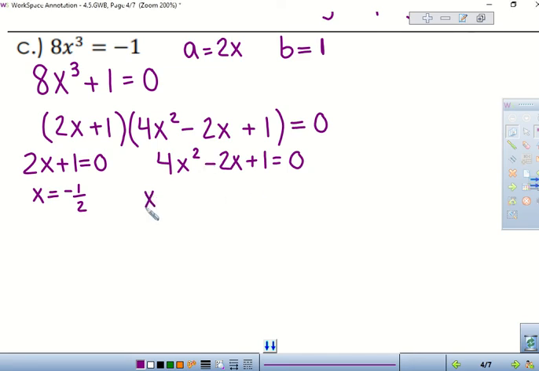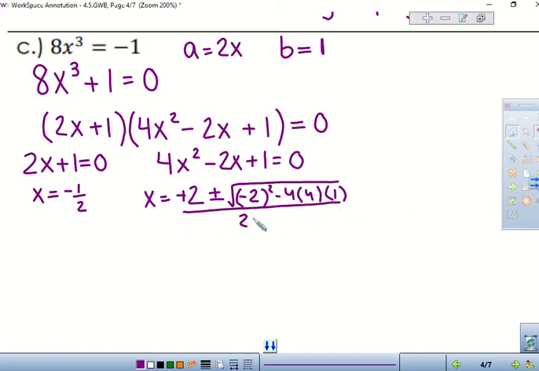So quadratic formula is x equals negative b plus or minus the square root of b squared minus 4 times a times c, all over 2a. You guys are pretty good with quadratic formula, so I don't feel too worried about that.